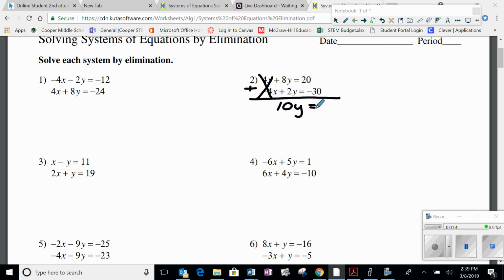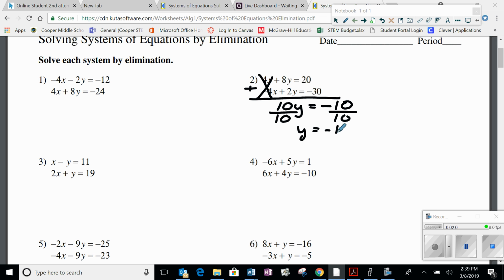And then we're going to add 20 plus negative 30, and we get a negative 10. Now it's a one-step equation so that I can just solve by dividing by 10, and y equals negative 1.